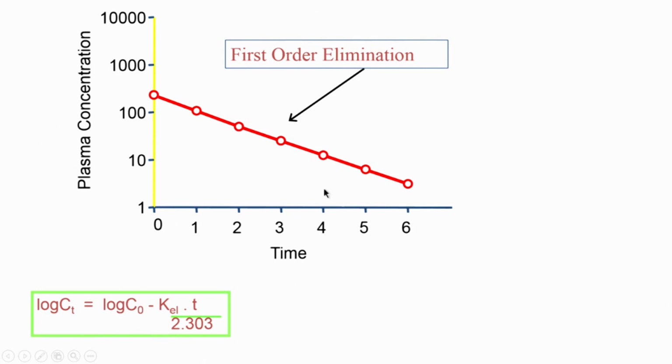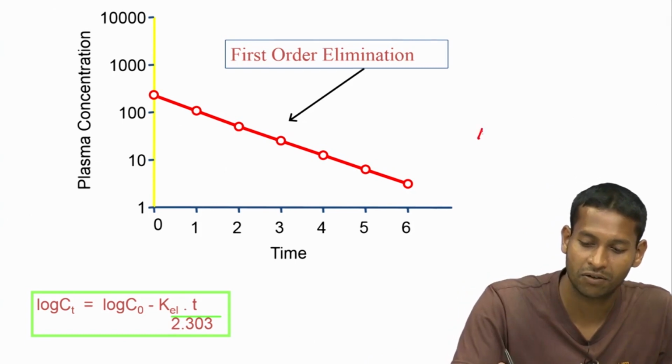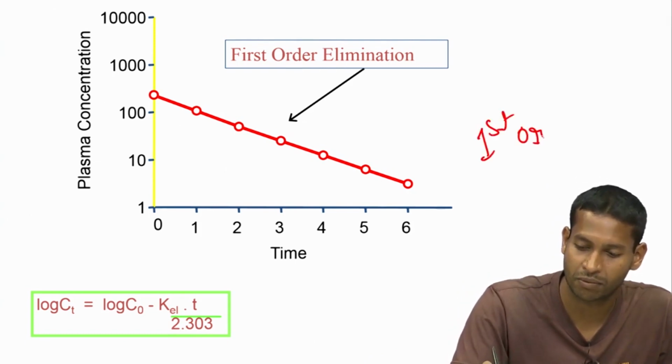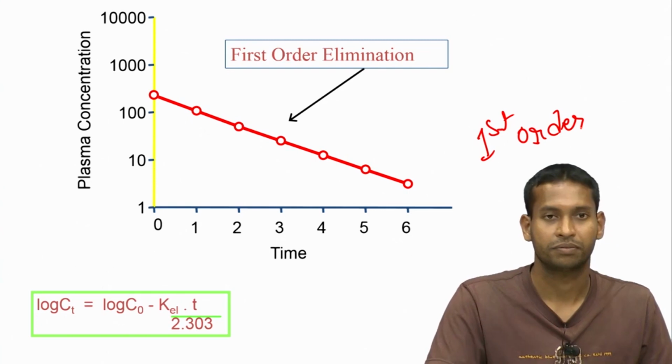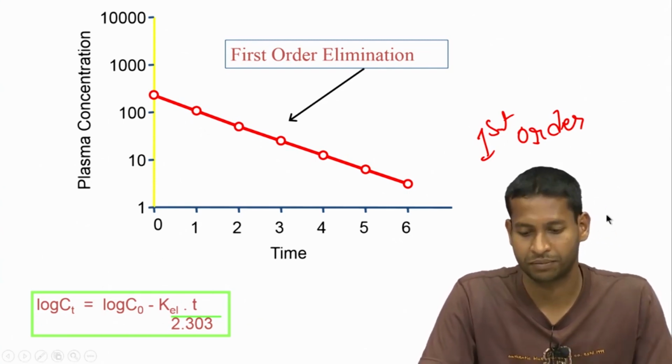So, first order elimination will be a straight line for this particular graph. If you ever see a straight line for a drug elimination on a semi log scale, that means it is first order kinetics, and this is the typical equation that represents it.